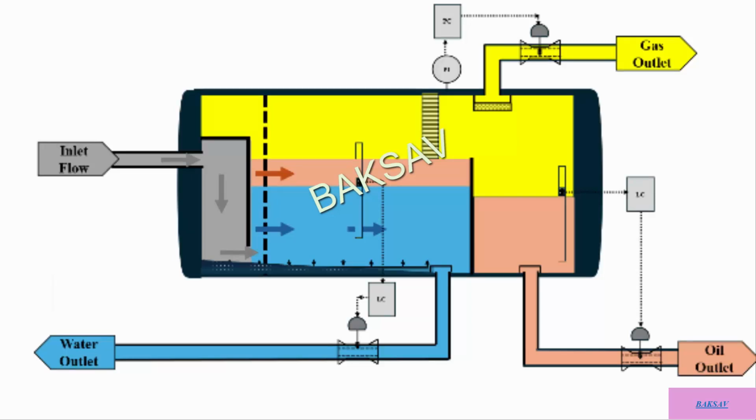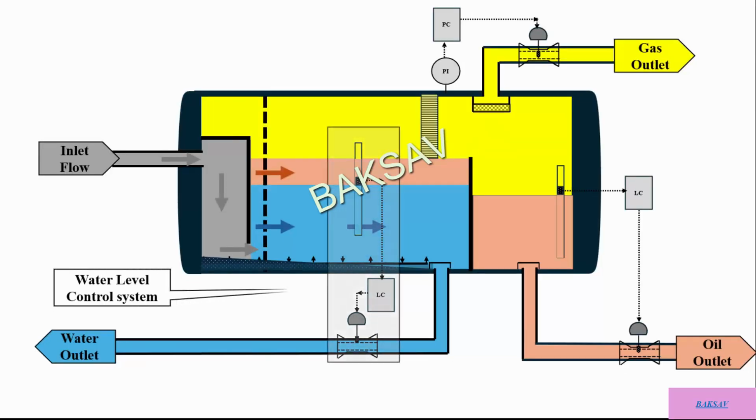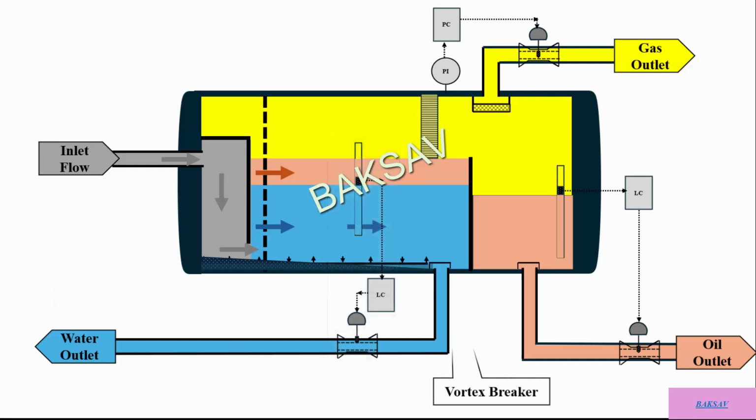As the separation process continues and additional water volume enters the vessel, the separated water level rises. Excess water volume leaves the separator under control of the separator's water level control system as described previously. A vortex breaker system on the separator's water outlet prevents the vortex effect that can be caused by oil or gas entering the water outlet line.